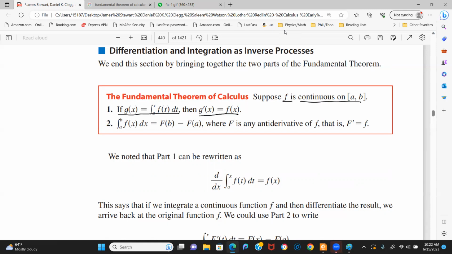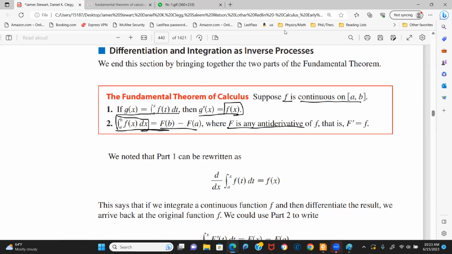So that means in particular that g is differentiable and continuous, and the derivative is just the original function itself. The second part says if you want to compute this integral right here, you just find any antiderivative and then evaluate the antiderivative at the endpoints of the integral, and then take the difference.